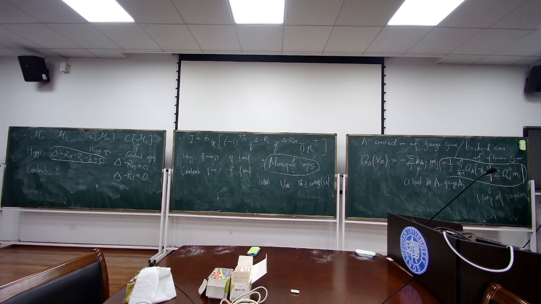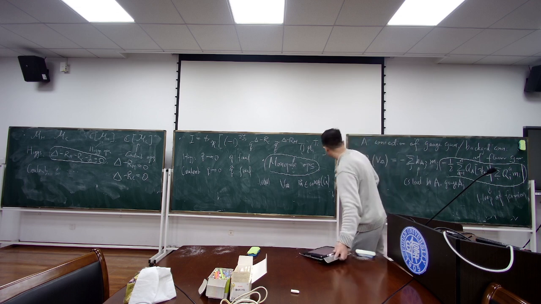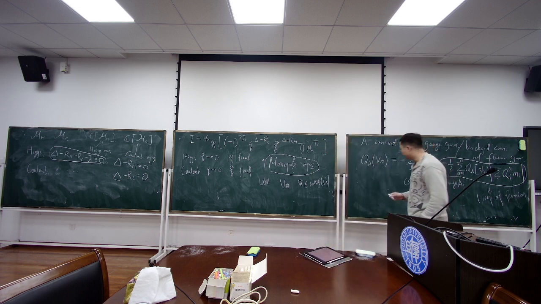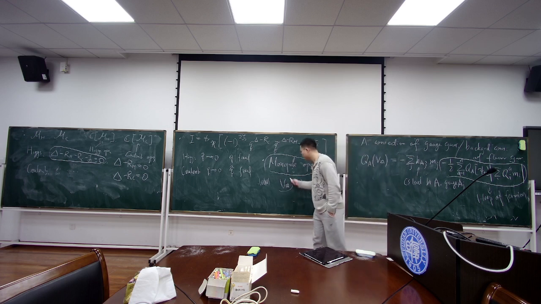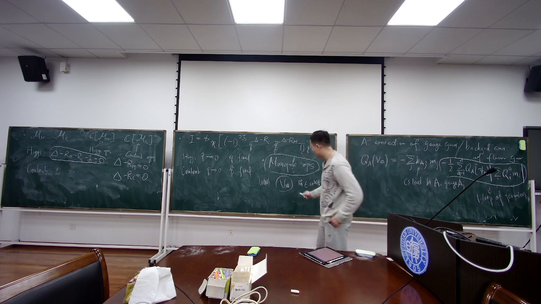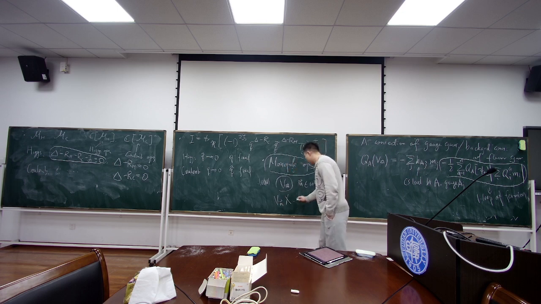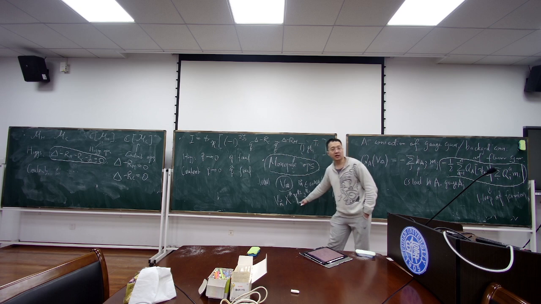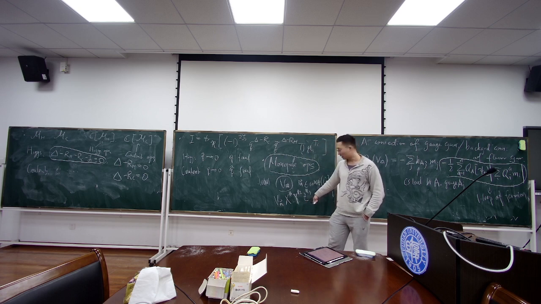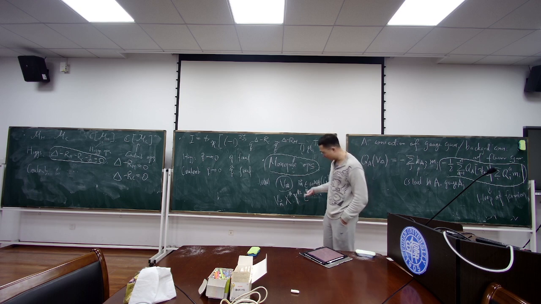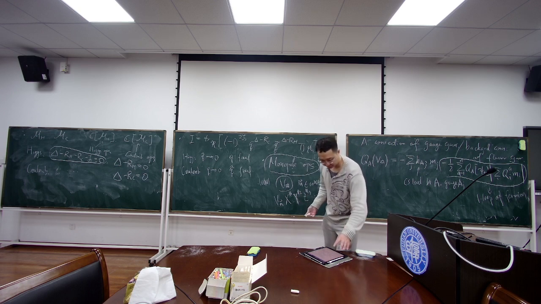Moreover, once we have a monopole operator, we can also dress this monopole operator with some other operators, as long as these operators are massless, or effectively massless under the monopole background, right?